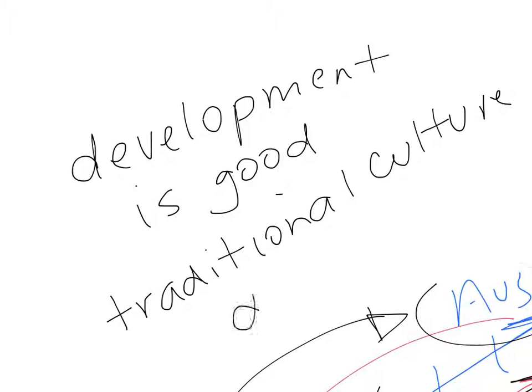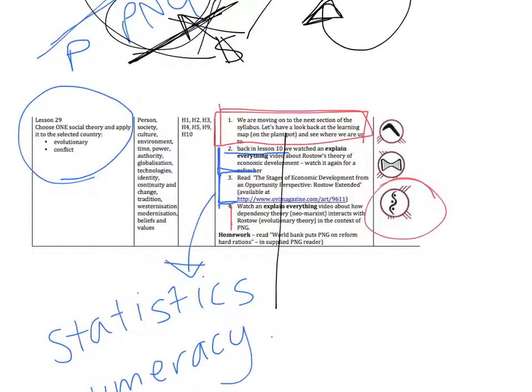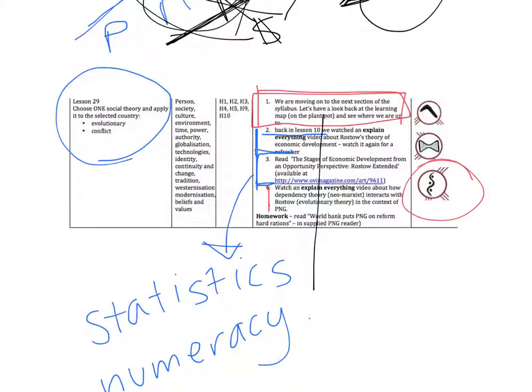And it discounts diversity. So that's what we're looking at when we're talking about Rostow, and we're talking about dependency theory in the context of Papua New Guinea. So hopefully that'll be a good lesson.